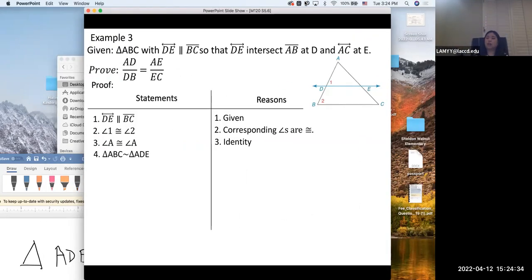Remember what is the reason for these two triangles being similar? AA, good.